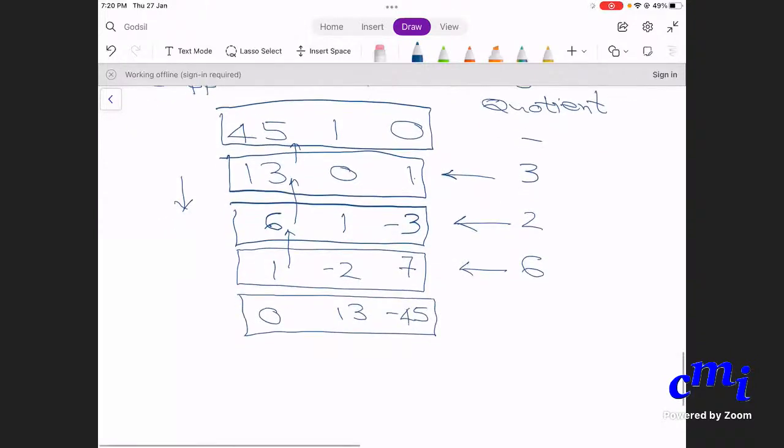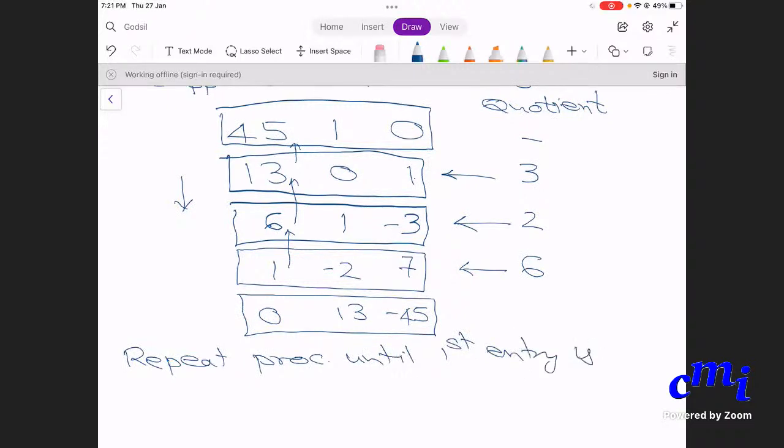Now repeat this procedure until the first entry becomes 0, and we have reached that stage. The first entry is 0 now.